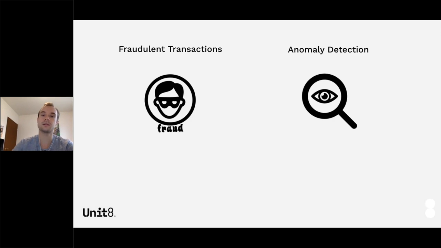So this presentation deals with identifying fraudulent activity within transaction data by means of anomaly detection. So the two concepts that form the basis for this presentation are fraudulent transactions and anomaly detection. In the context of fraudulent transactions, we're dealing with a type of crime such as transactions stemming from stolen credit cards, for example, or money transferred to a criminal party by means of identity theft.